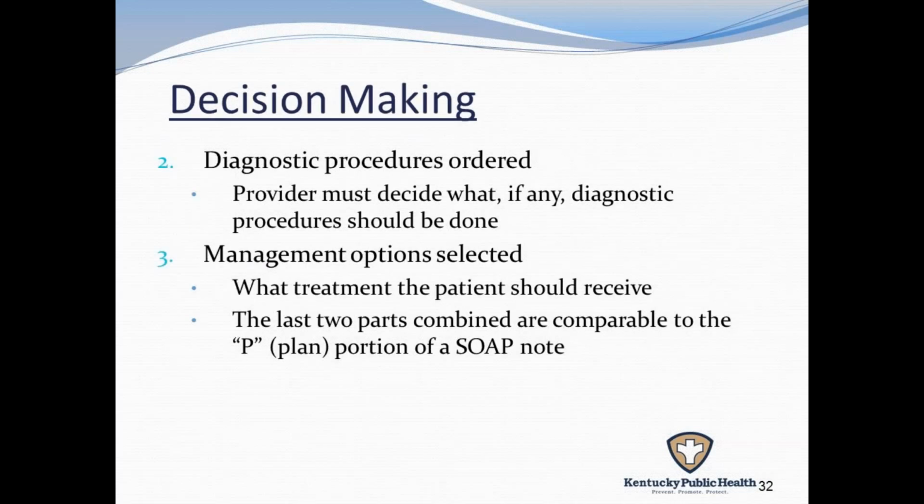Then you have 2 more components for decision making. Like I said, it's a 3-parter. You have diagnostic procedures ordered, where your provider must decide if any diagnostic procedures should be done and what they are. And then number 3 is management options selected, what treatment the patient should receive. And this is where your P comes into play. That's the plan portion of your SOAP note.